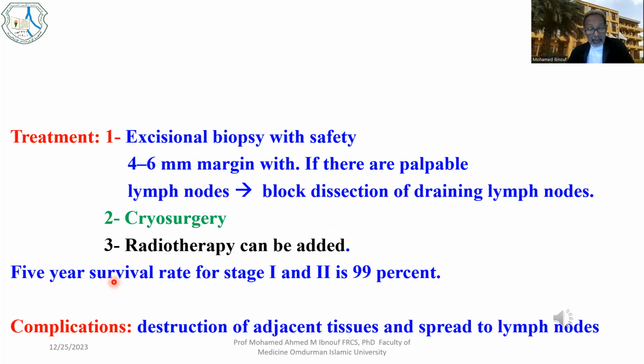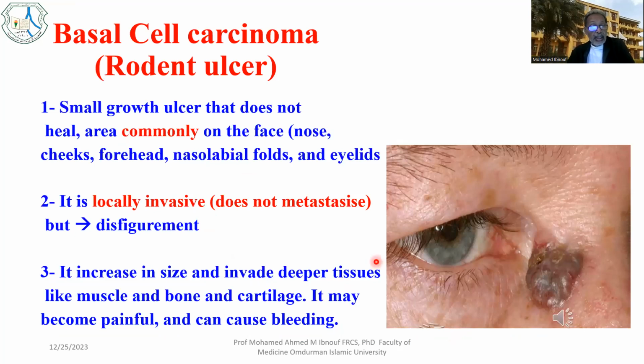The 5-year survival rate for stage 1 and 2 is excellent, that is 99%. And the complication is usually invasion and destruction of the adjacent structures. Now, the basal cell carcinoma, also called the rodent ulcer, because it is a local malignancy invading the local tissues, usually on the face, nose, cheek, forehead, nasolabial folds, and eyelids.